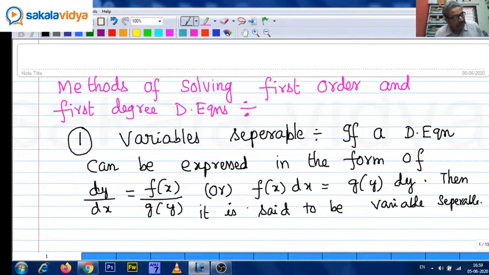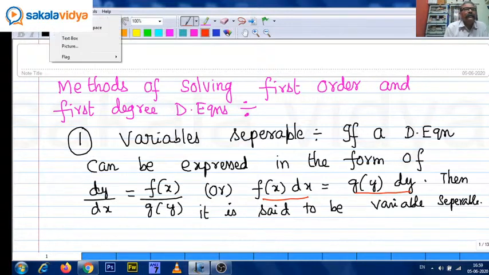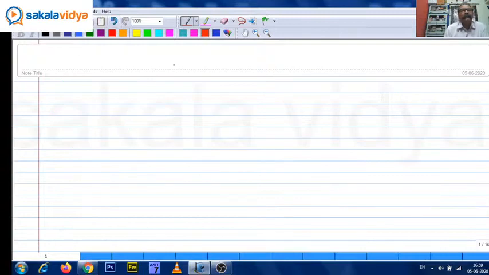So variable and separable. How to solve this equation? Very simple. If you integrate both sides, you get the answer. So f of x dx equals g of y dy.